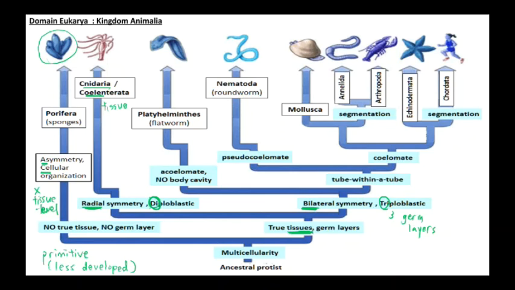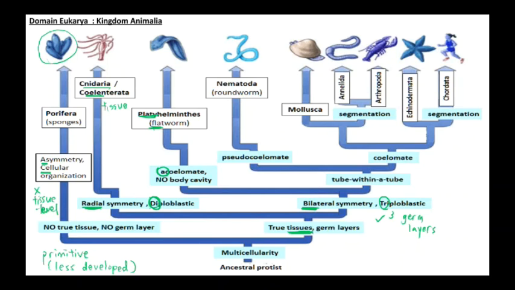And now we have the Platyhelminthes, the flatworm. And like I said just now, once it has three germ layers, then we will talk about body cavity, where in this case, Platyhelminthes, the flatworm, does not have a body cavity. It lacks a body cavity. It has three germ layers, but it does not have a body cavity, so we say acoelomate.